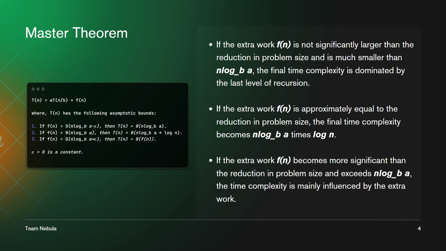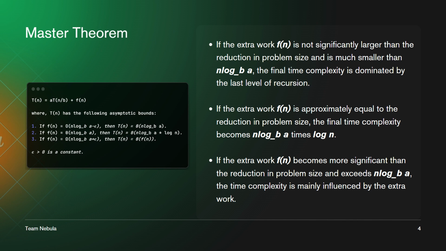The function T(n) = a × T(n/b) + f(n). In this formula, a represents how many smaller subproblems you divide the main problem into, and b is how much you shrink the problem size of each subproblem. Function f(n) stands for the extra work we do outside of solving the subproblems.